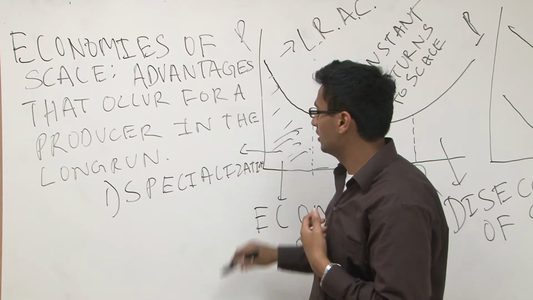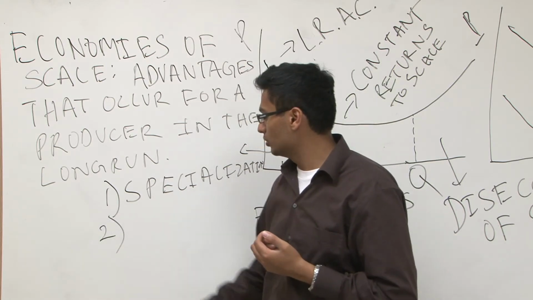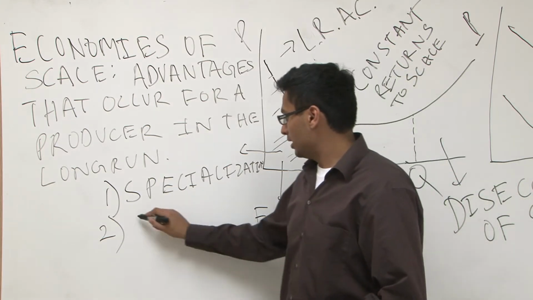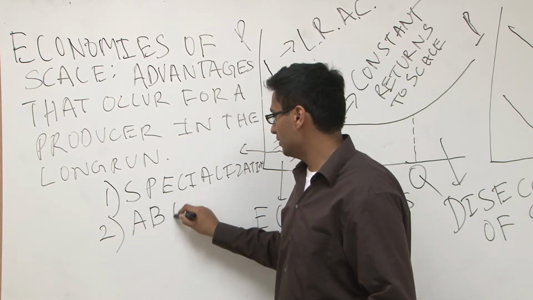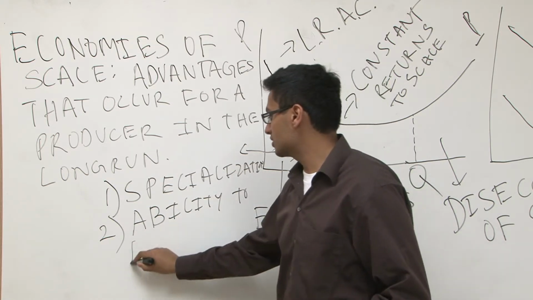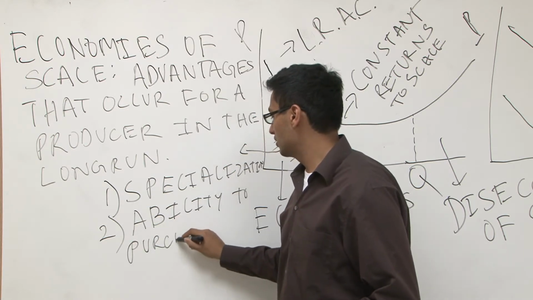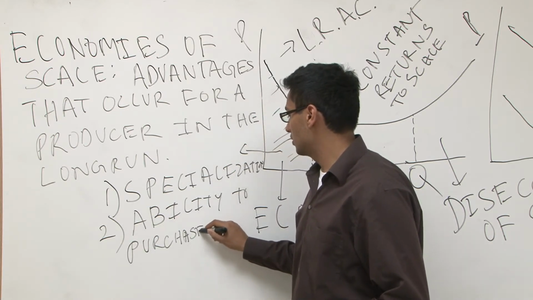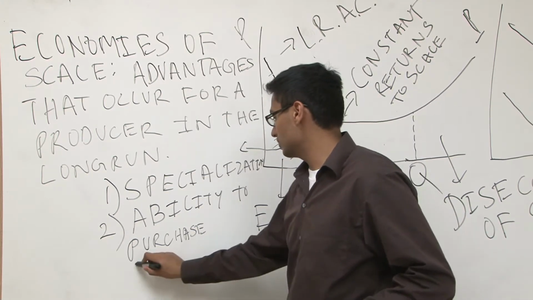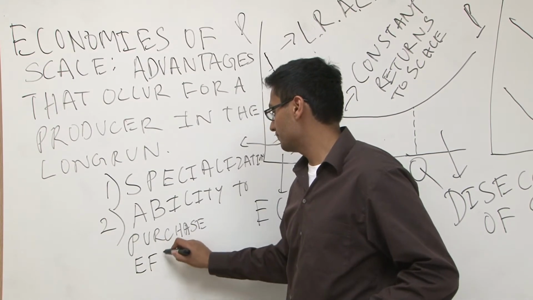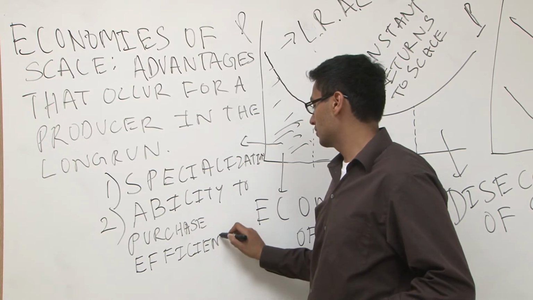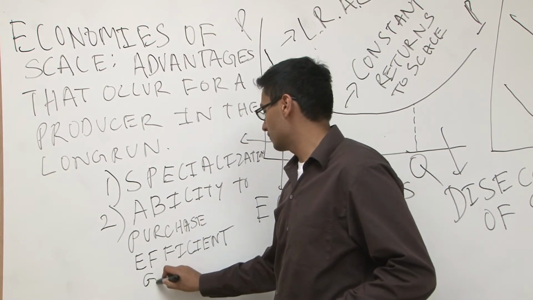Two is ability to purchase efficient goods. That's what it says. Okay, so what does that mean? I'll explain it to you in layman terms.